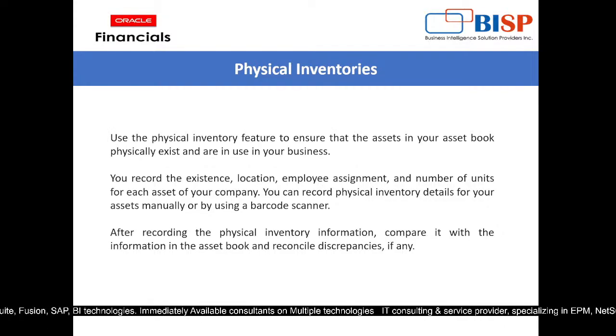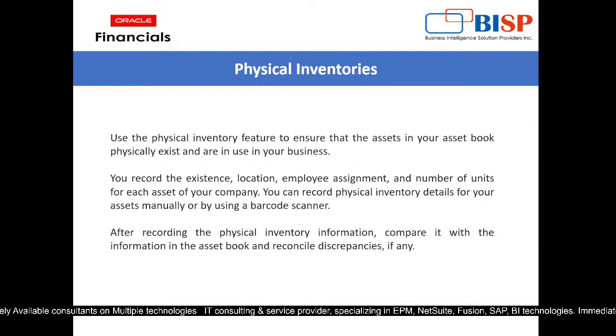You can record the existence, location, employee assignment, and the number of units for each asset that you have in your company. You can record physical inventory details for your asset manually or by using the barcode scanner. After recording the information, you can compare it with the information in your asset book and reconcile the discrepancies. Check the in physical inventory checkbox when you add an asset.